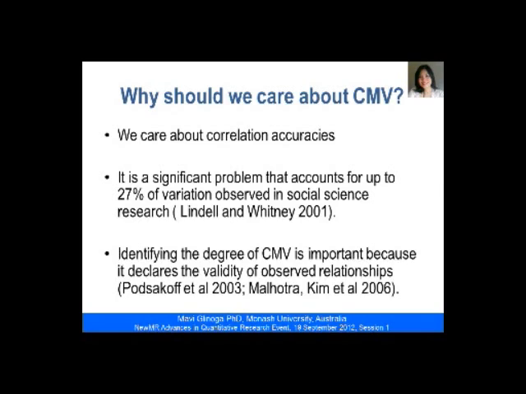In academic research in the past 5-10 years or so, a lot of academics found that almost 30% of the variation observed in social science comes from the bias of this thing called common method variance. Identifying the degree of common method variance is important because we find out the true representation of the relationship between two or more variables.